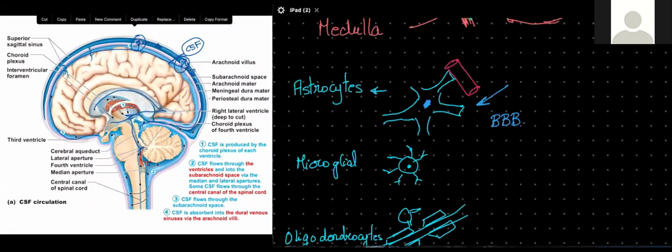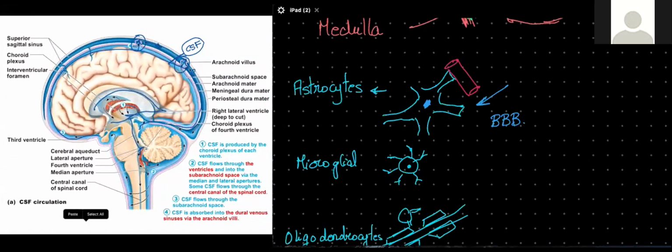All right, so which one do you think should be greater? The rate of production or the rate of drainage of the cerebrospinal fluid?